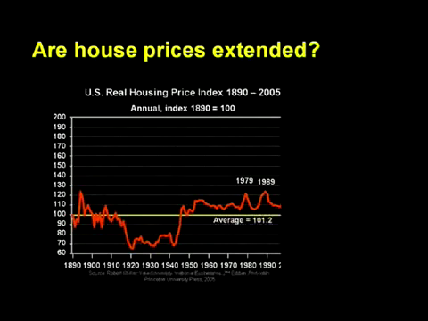In this chart, any time the line is rising, houses are appreciating faster than the rate of inflation, and any time the line is falling, they are losing ground compared to inflation.